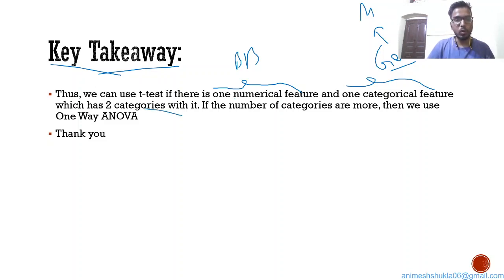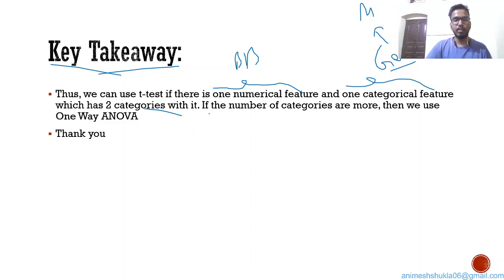We can always use the t-statistic when we have a categorical feature and a numerical feature, and based upon the categorical feature we categorize the data, compute the mean of that particular category with respect to the numerical feature, and then see if the mean of one category is equal to the mean of the other category, and then we can draw inferences based upon the p-values.